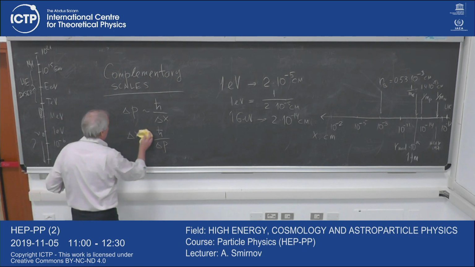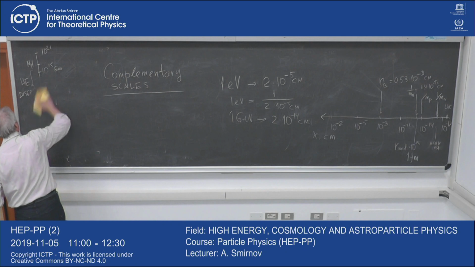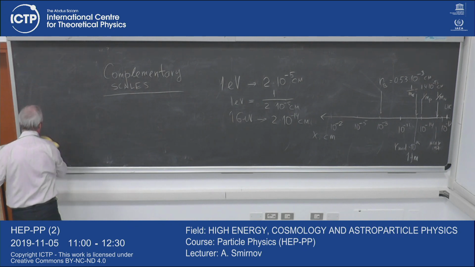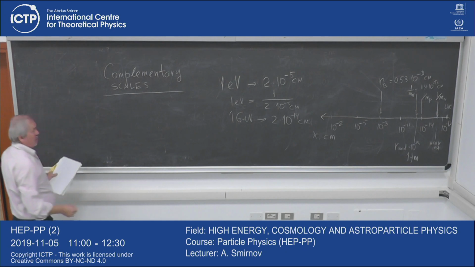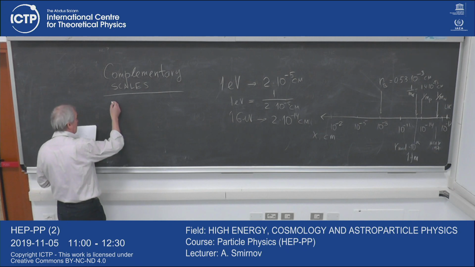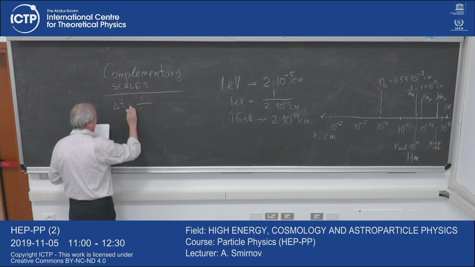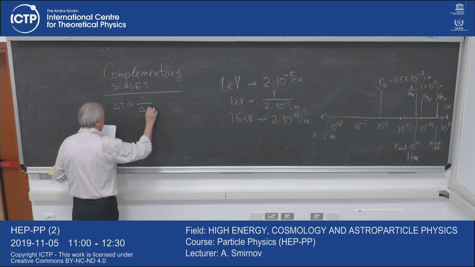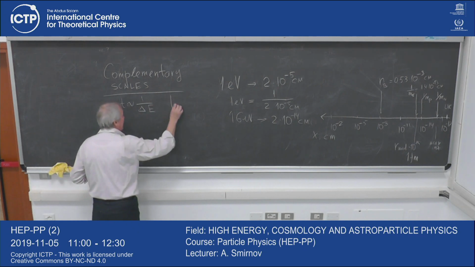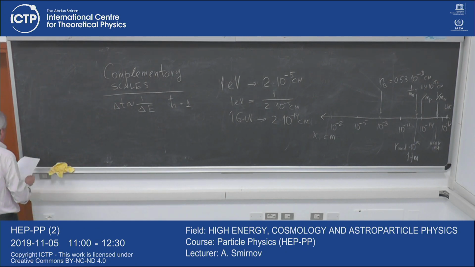Another complementary scale is time. And again, we can use energy units, or inverse energy units, even for time. And this is related again with the uncertainty principle, and we have delta t is 1 over delta energy when h is 1. So what are important physical quantities which we characterize by time?